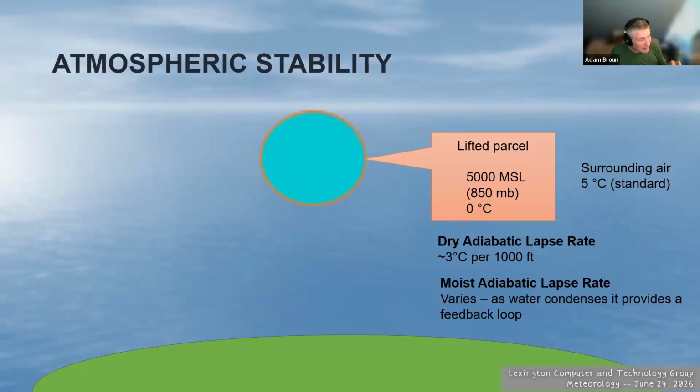Now that parcel of air may find itself warmer than the air around it, and so it's going to want to keep going. And that's an unstable atmosphere. Instead of wanting to sink back down, it wants to keep going up, like a hot air balloon just shooting up in the atmosphere. That is what's defined as an unstable atmosphere, and that drives a lot of weather that we see, especially in the summer.